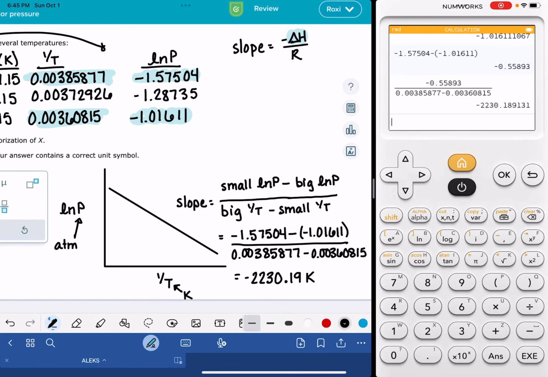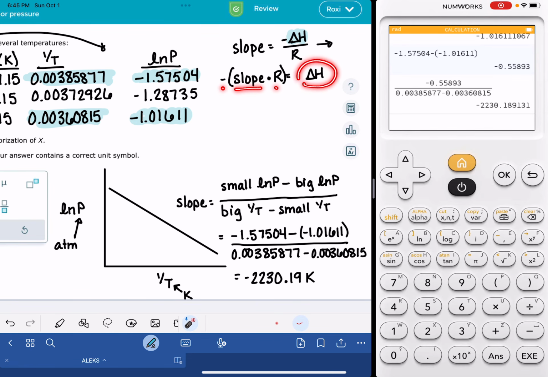We're trying to calculate the value of delta H. So we're going to use some algebra, and we're going to say the slope, which we just calculated, times R is going to be equal to negative delta H. And let's multiply both sides of this math problem by -1 so that right-hand side turns positive, and we'll make the left-hand side negative. So if we take the negative slope multiplied by R, that's going to give us our delta H value.